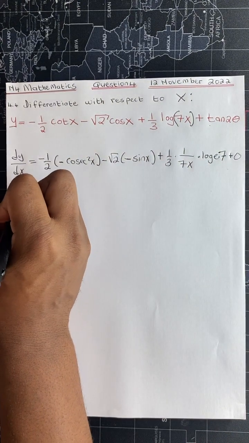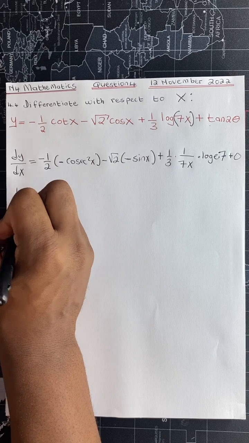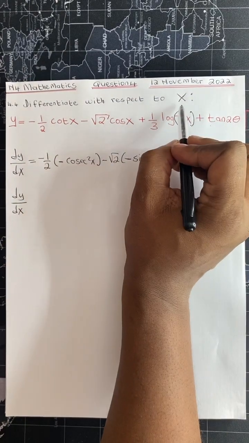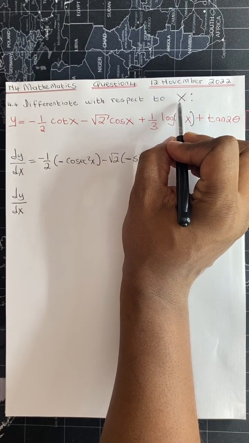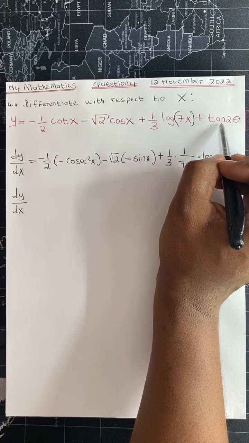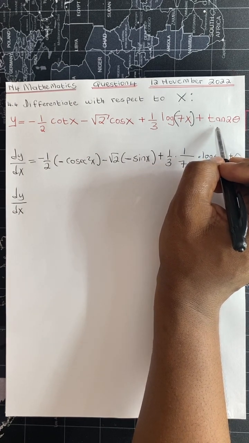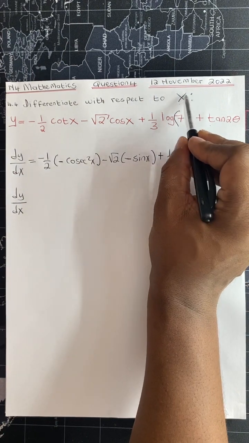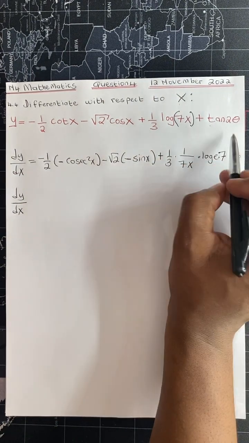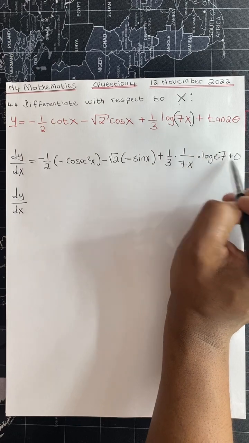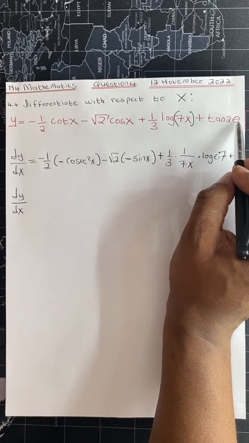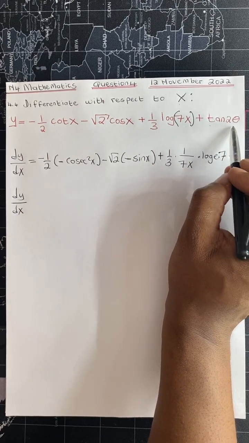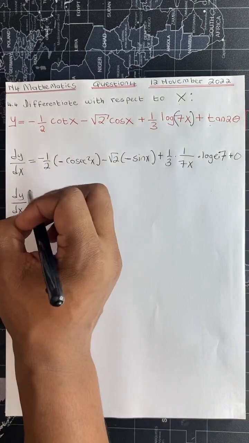So we have dy over dx. If we were differentiating with respect to theta, then the derivative of tan 2 theta would be 2 sec squared 2 theta, but now we are differentiating with respect to x. That's why the derivative of tan 2 theta is equal to 0, because there is no x attached to it, or there is no x in the inner function.